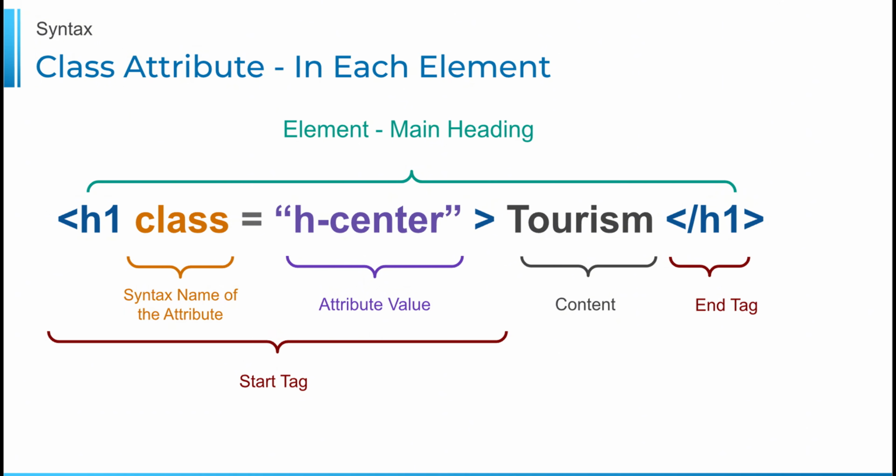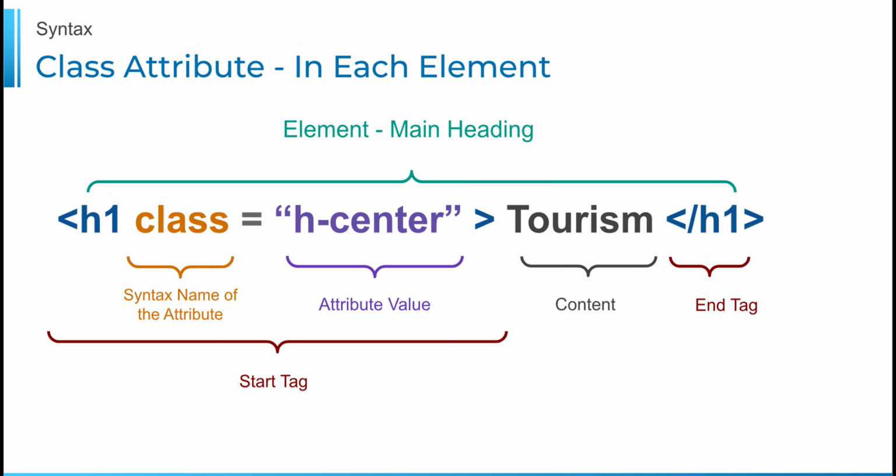But don't get confused about writing dot h-center. You only have to write h-center, not the dot, as the attribute value, because excluding the dot, h-center itself is the name of the selector.